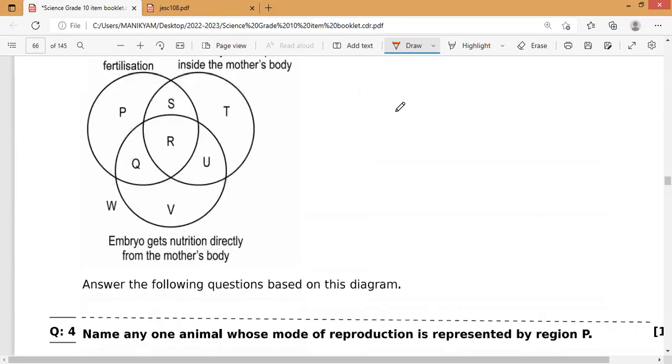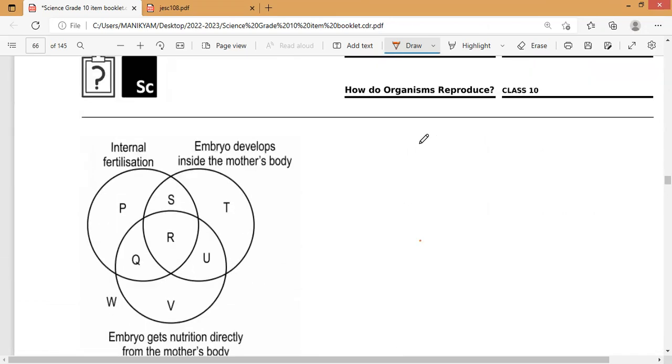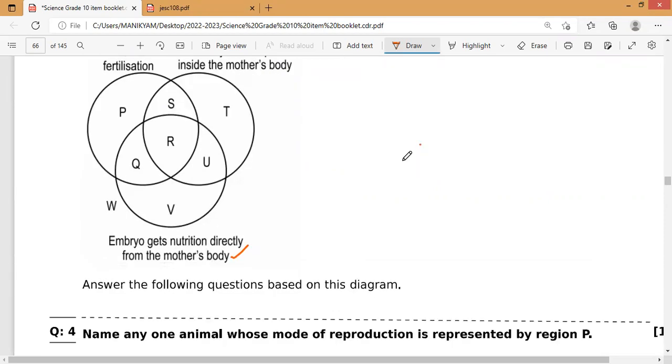Now first, internal fertilization. This is the first circle. Embryo develops inside the mother's body and the embryo gets nutrition directly from the mother's body. These are the three different circles they have given, and you all know the intersection points. Yes or no, guys? All of you, please respond. You all know intersection points, correct?